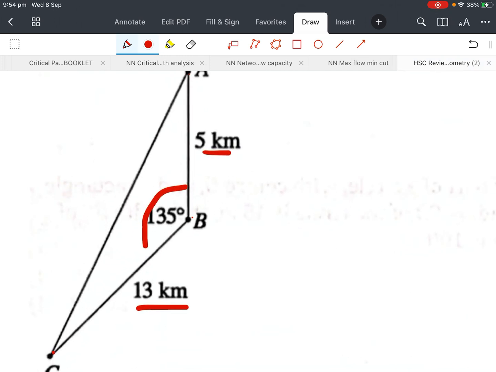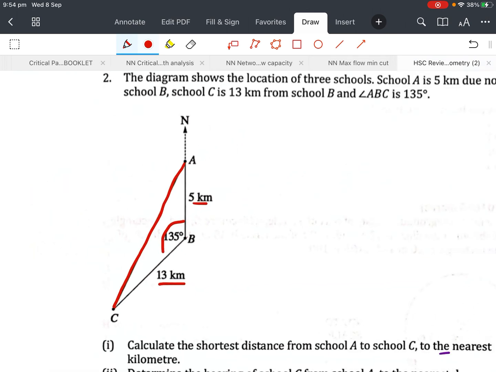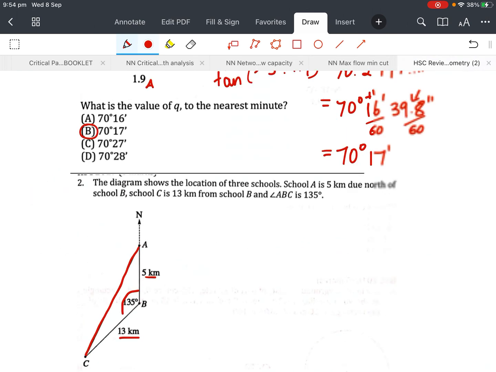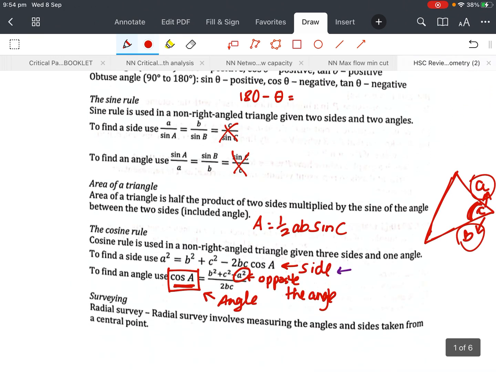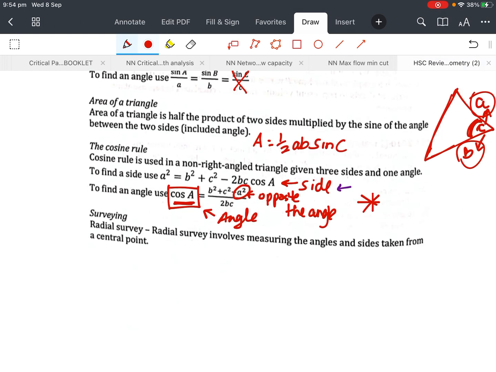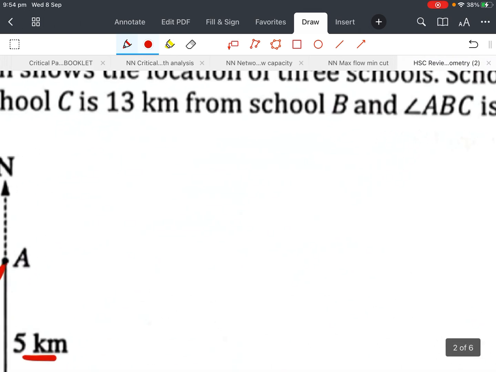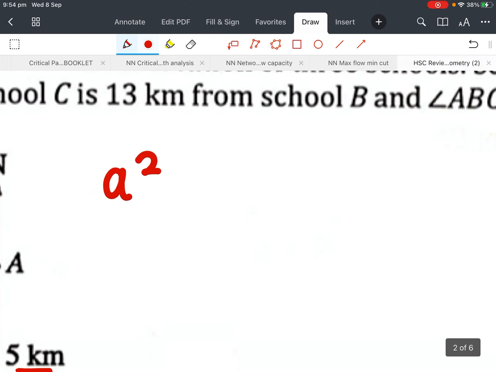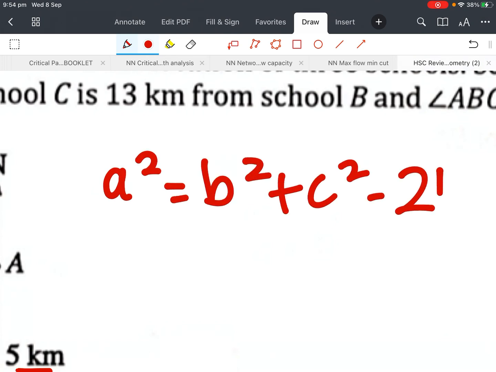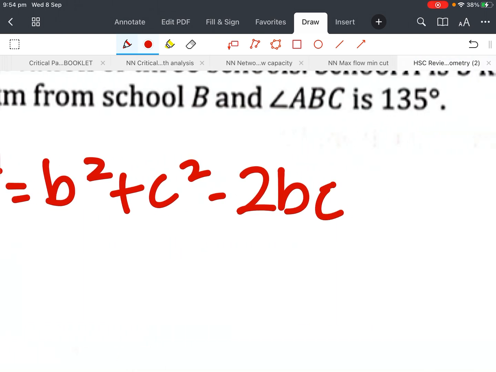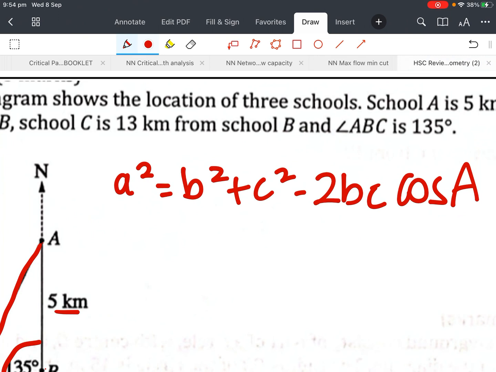Alright, so I've got to work out this bad boy, don't I? So I have 2 sides and I've got the angle in between. 2 sides and the angle in between is the cosine rule. So I'm going to rewrite the cosine rule. Let's write that in. So that was a squared equals b squared plus c squared minus 2bc cos A. I learned at school, the more I wrote this out, the more I remembered it.